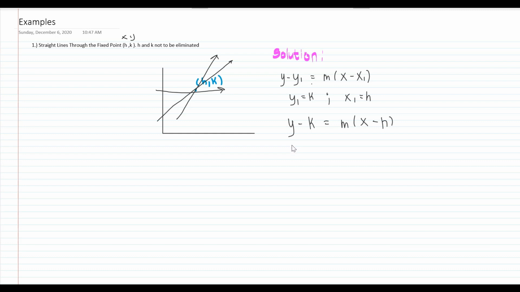And we already knew that m is actually equals to the slope, and the slope of the equation of a line is equals to the first derivative. So dy over dx will be equals to m. So how can we check it? If we derive this equation, let's mark this as equation 1. Y minus k is equals to m.